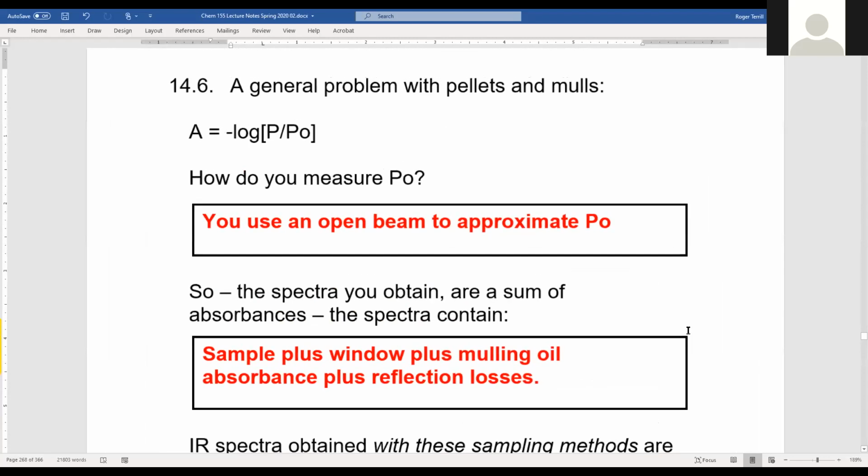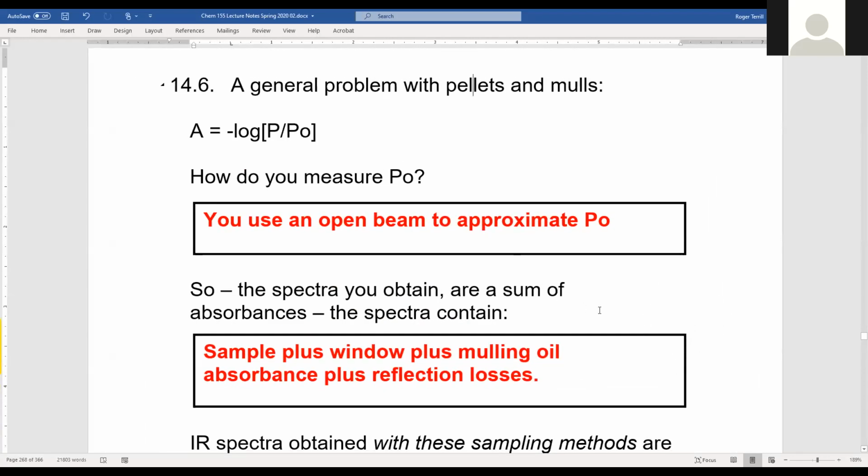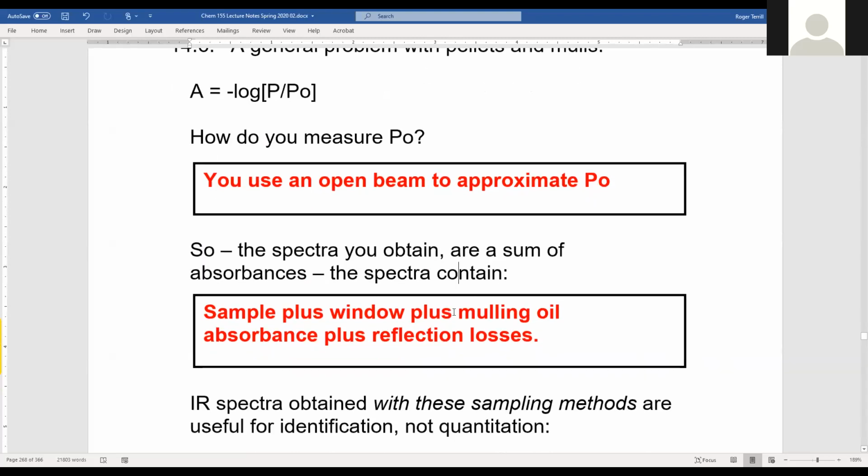So in general, you've always got this problem of measuring a blank, right? And so you can approximate a blank in many cases by just putting the puck in. Or you can make a blank puck, for example, using a press. And that's fairly common. Or you can use the windows that you're measuring with, and you can put the mulling oil on the windows, and that'll make a decent blank.